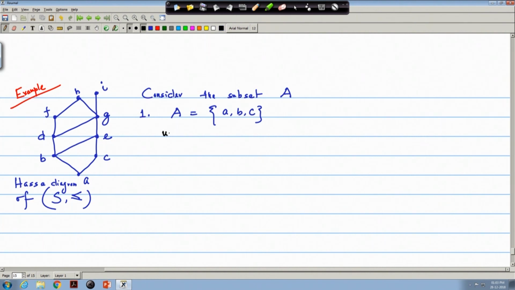The upper bound, we call UB, is E, G, H, I, and the lower bound, LB, is A.